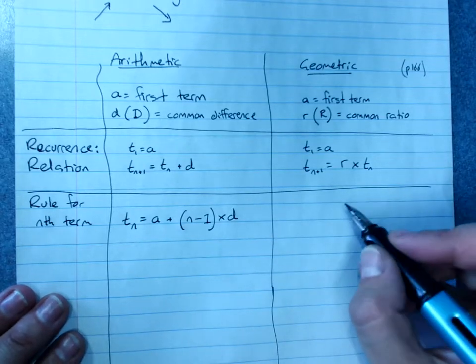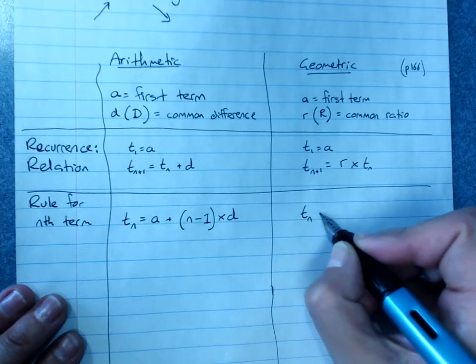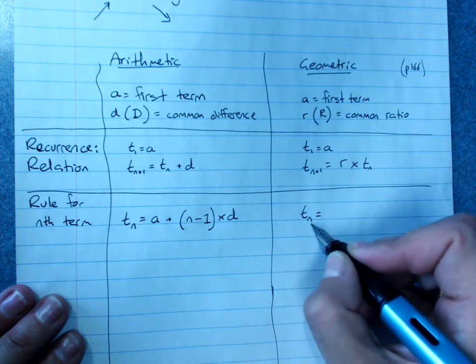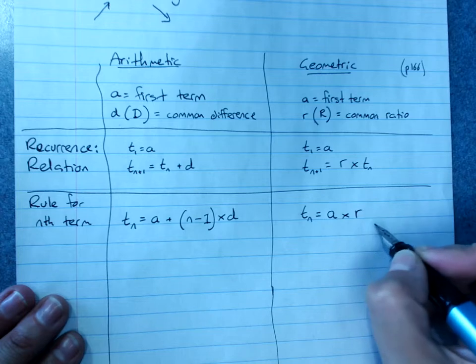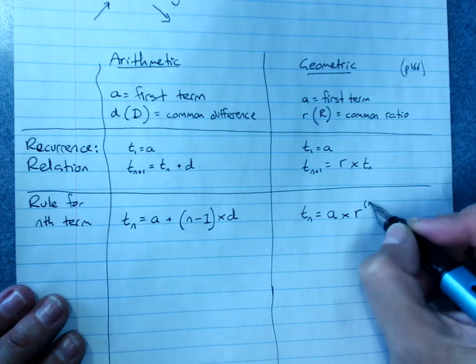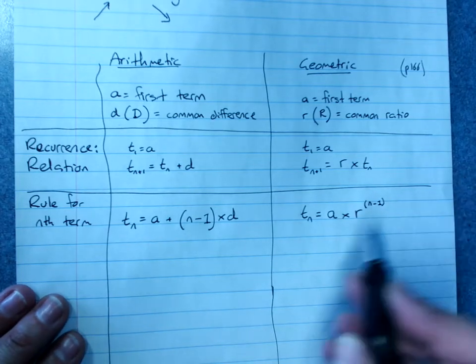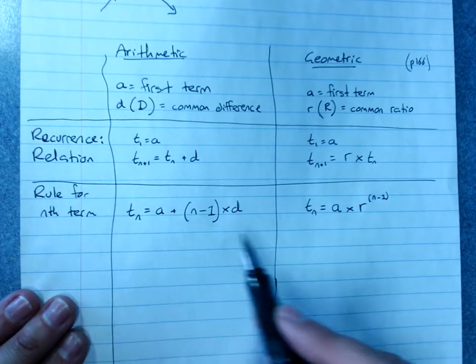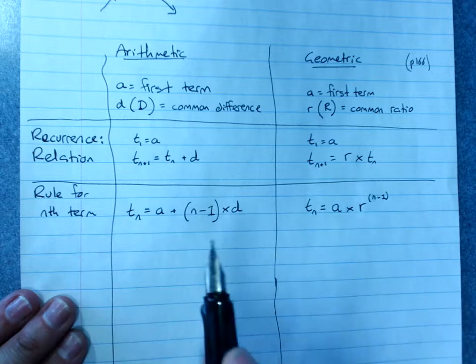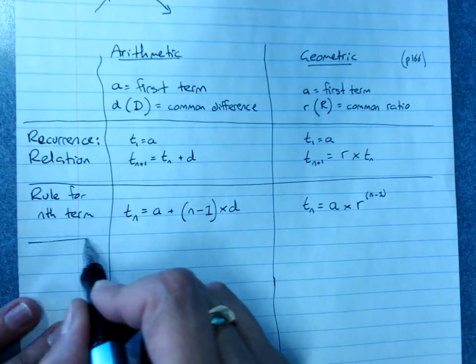For geometric sequences, this is Tn, any term, the nth term, is equal to A times the common ratio to the power of n minus 1. So we've learnt both of those. This is our nth term rule, this is our recurrence relation rule. They are different things.